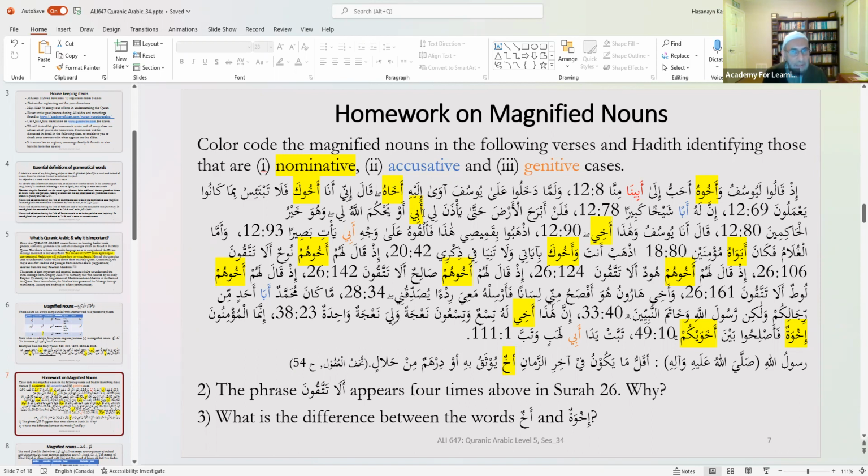You say yazanli abi, abi was subject, became nominative. Here abi itself means my father, but at the same time it is mudaf ilay of wajhi abi. So ala wajhi abi.